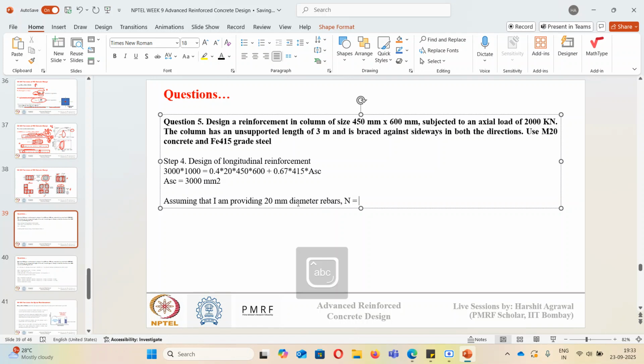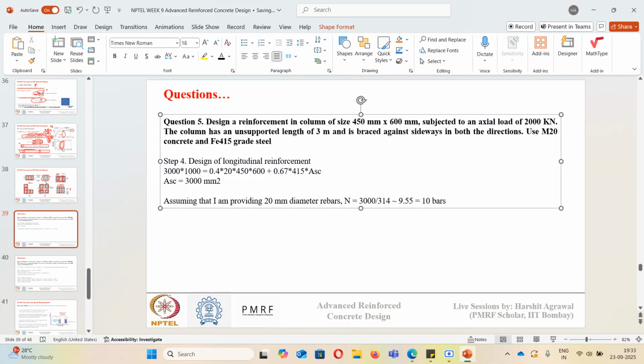N is equal to total reinforcement area 3000 divided by area of one reinforcement bar, that is 314 mm square. Okay, so pi r square, pi into 10 into 10, so this will be roughly around 9.55. So we will round it off to 10 bars that we will provide.